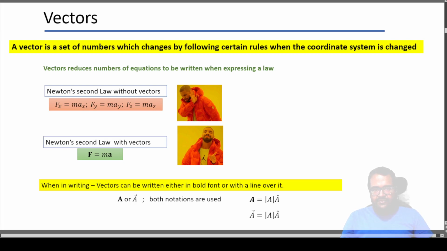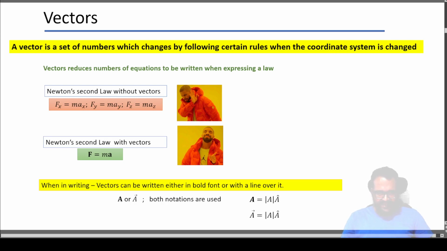What is the main application of vectors? Vectors actually reduce the number of equations to be written when expressing a law. Say, if you write Newton's second law without vectors, you need to write three equations: Fx is max, or m dvx/dt, Fy is may, or dpy/dt, Fz is maz.